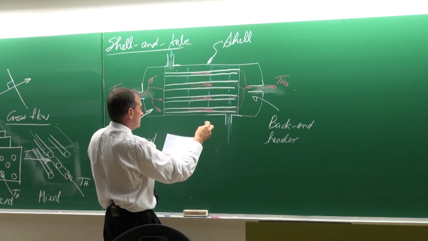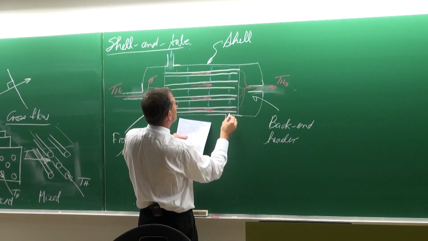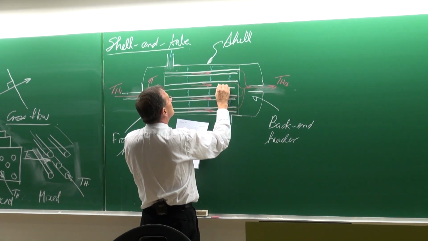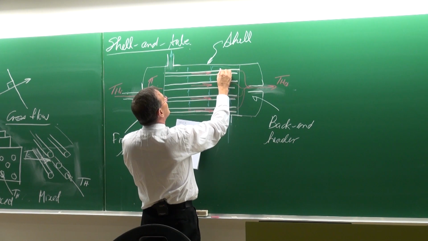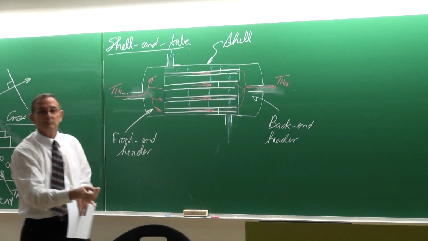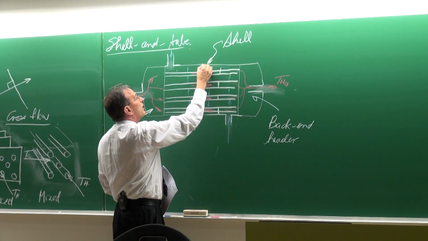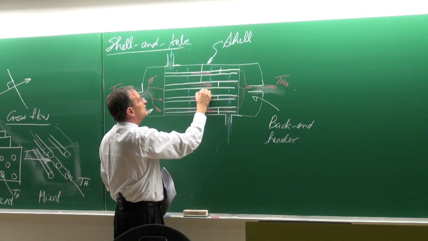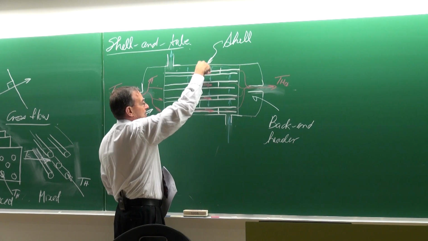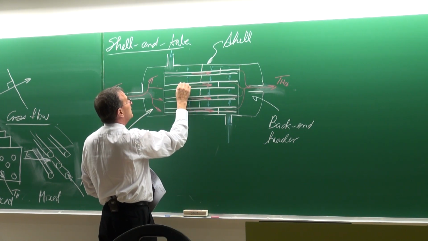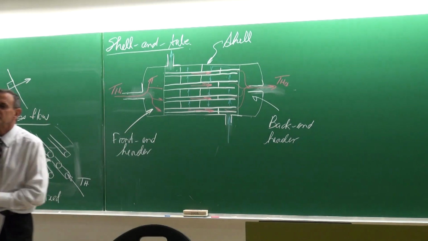And they do that by putting in baffle plates. So there's a baffle plate, like there, and then it forces the flow in this direction, and then there's a baffle plate again into that direction, forcing it to come down, then to change direction again into that direction like that.